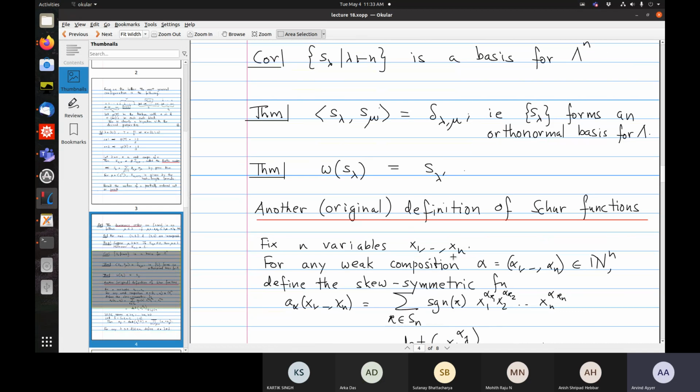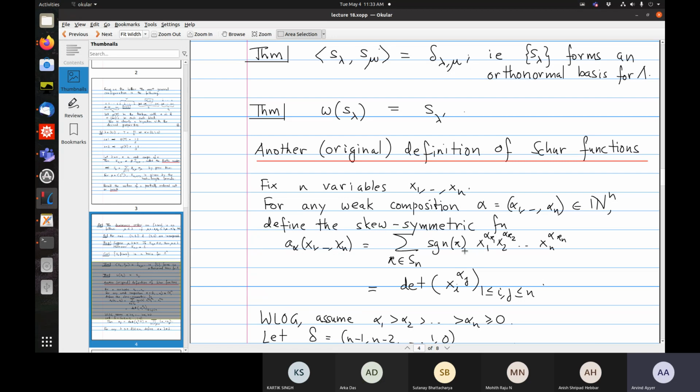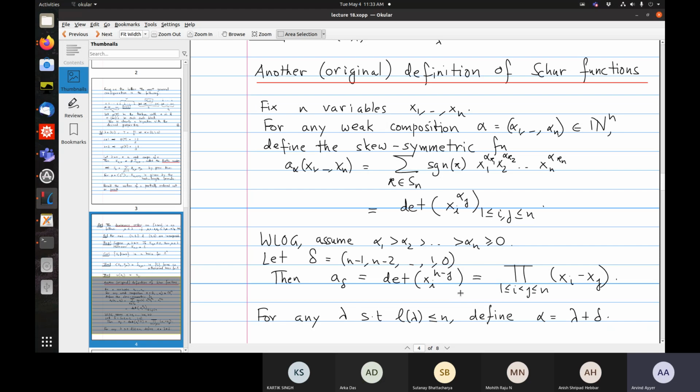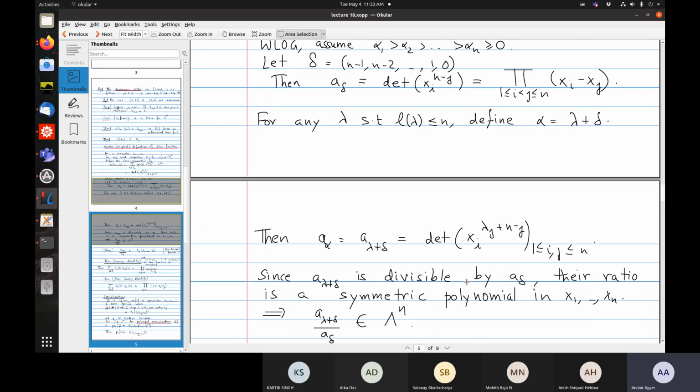another important, alternate definition, historically the first definition, was the Cauchy alternant formula. So it was a ratio of determinants. The denominator was the Vandermonde determinant, x_i to the n minus j, and the numerator was a similar thing with x_i to the power lambda_j plus n minus j.